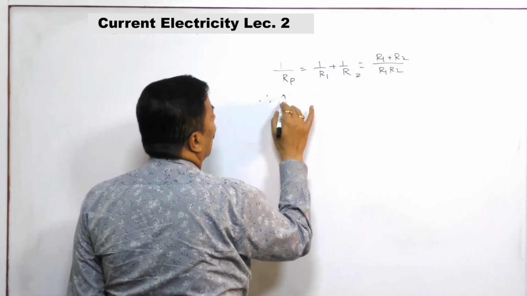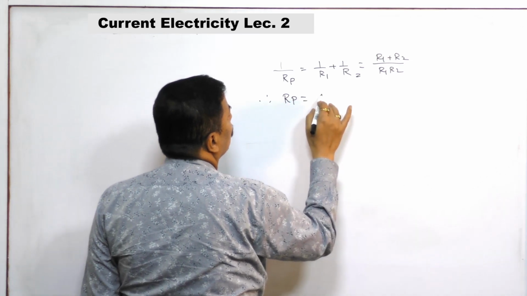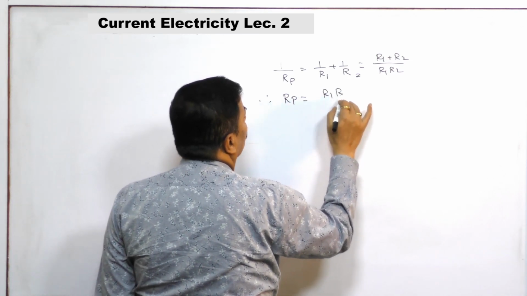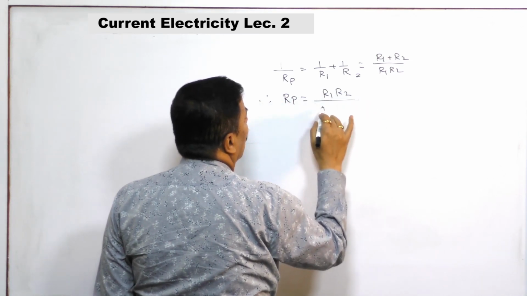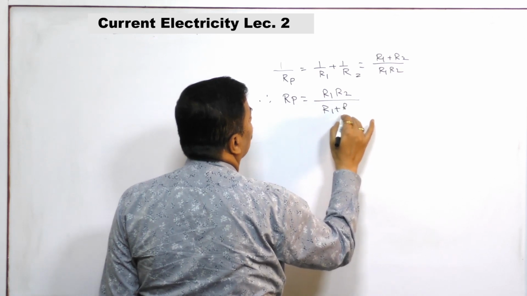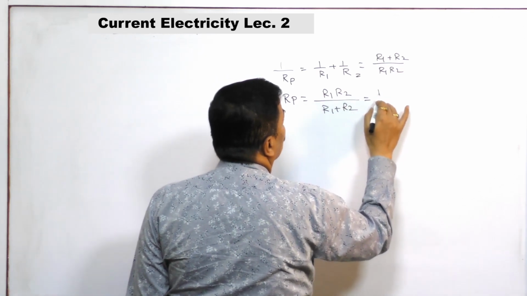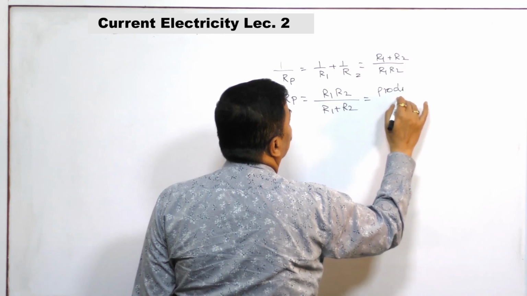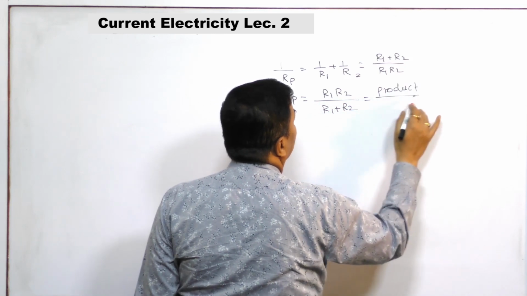Therefore, Rp is equal to R1 R2 by R1 plus R2, that is product by sum.